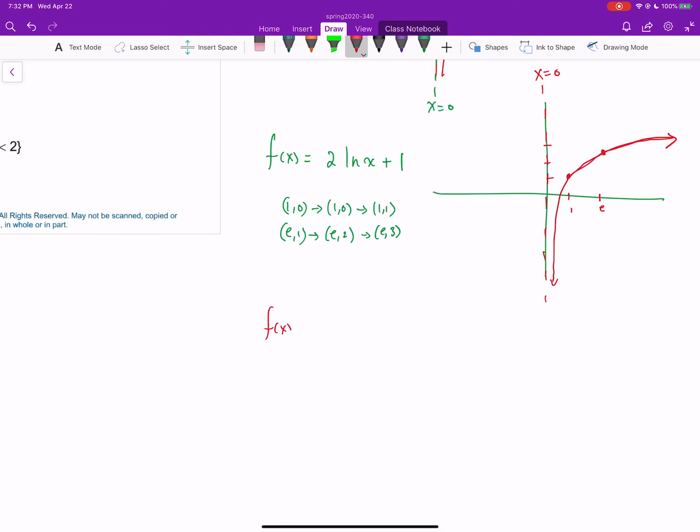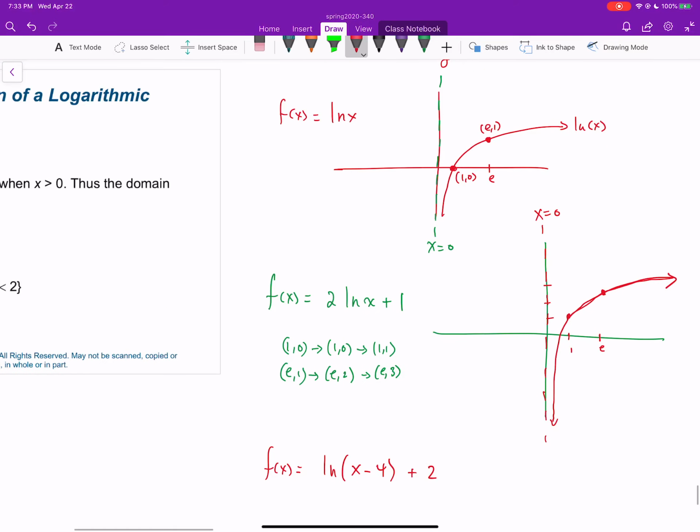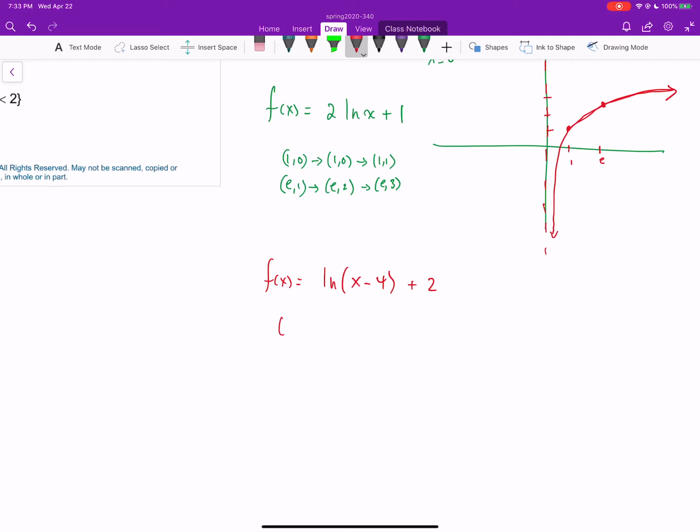If I gave you f of x is equal to ln of x minus 4, plus 2, then what's happening here is I'm shifting to the right 4 units and moving it up by 2. Again, if you look at your base function, the ln x graph, and how the points are transforming, I get 1, 0.